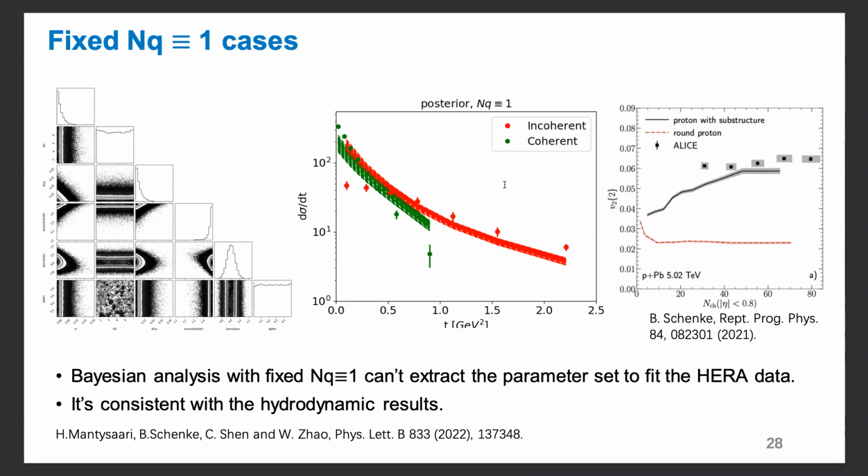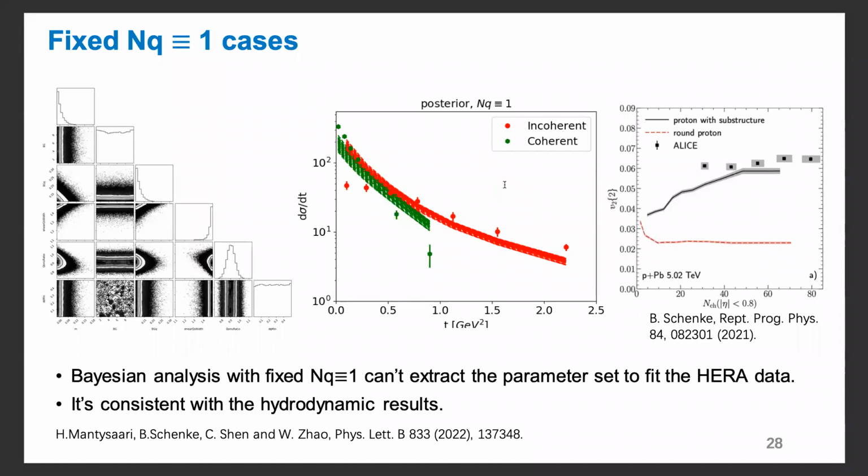Even when we run the model with the posterior distributions sampled from here, we still cannot describe the coherent or incoherent data with a fixed NQ case. In other words, Bayesian analysis with fixed NQ cannot extract a parameter set to describe the HERA data.